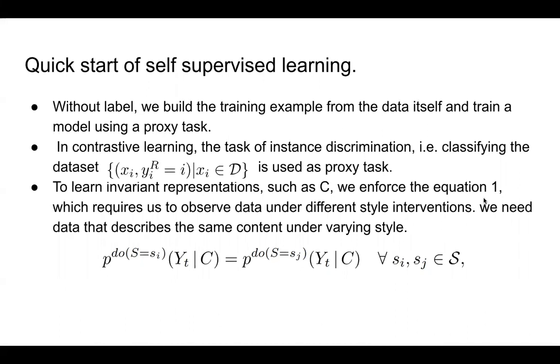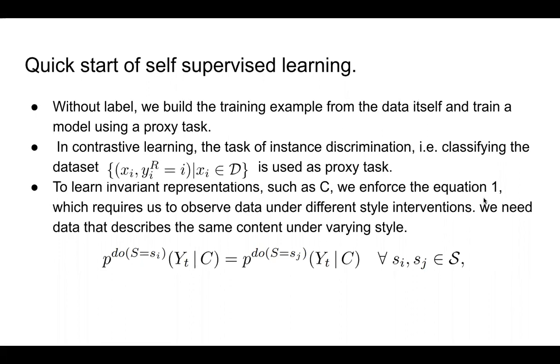method in self-supervised learning is contrastive learning, and a very commonly used task in contrastive learning is the instance discrimination task. This task means that we classify in the data set. For every instance xi and label yi, our task is that given xi, we want to predict the label yi.